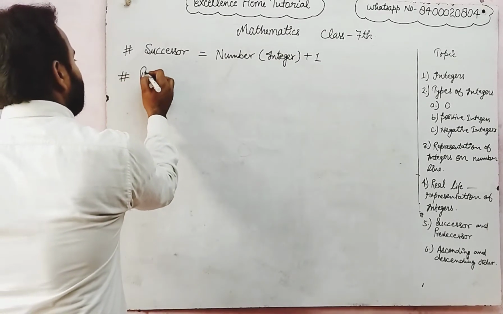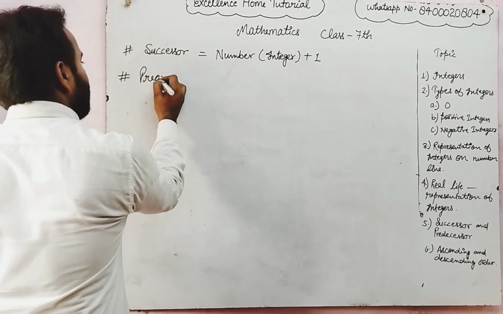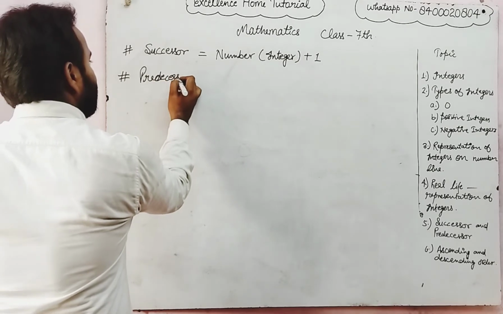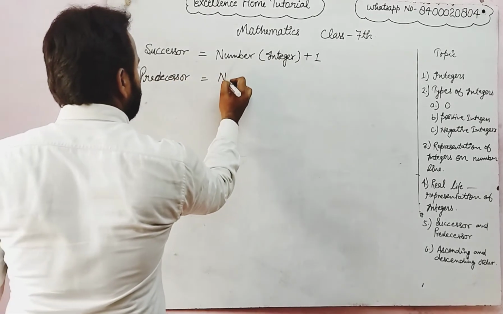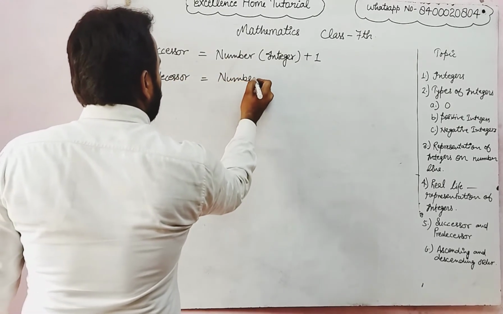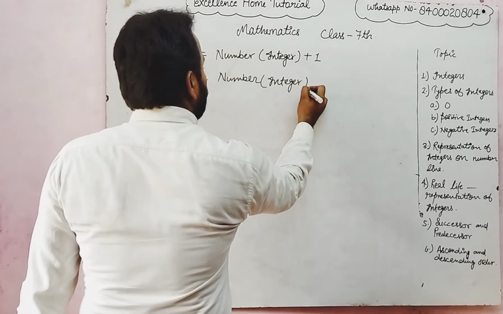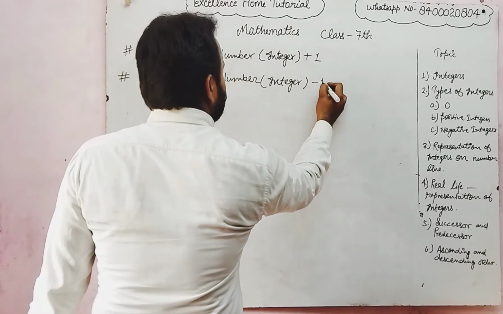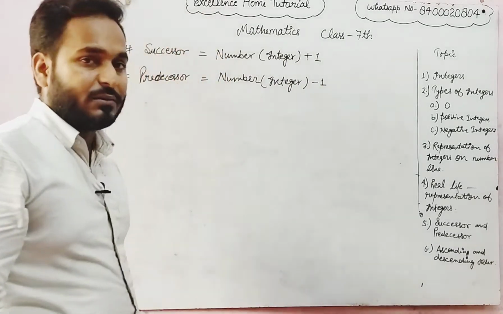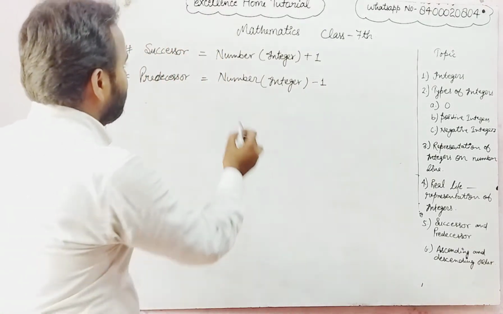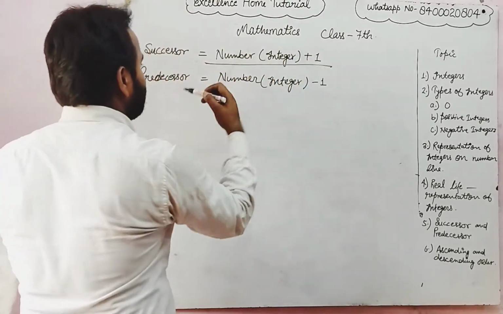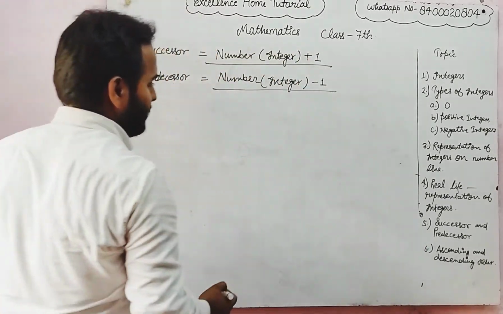Second is predecessor. Predecessor is an integer which is obtained after subtracting 1 from the given number. So this is the basic concept of successor, that is +1, and predecessor, that is -1.